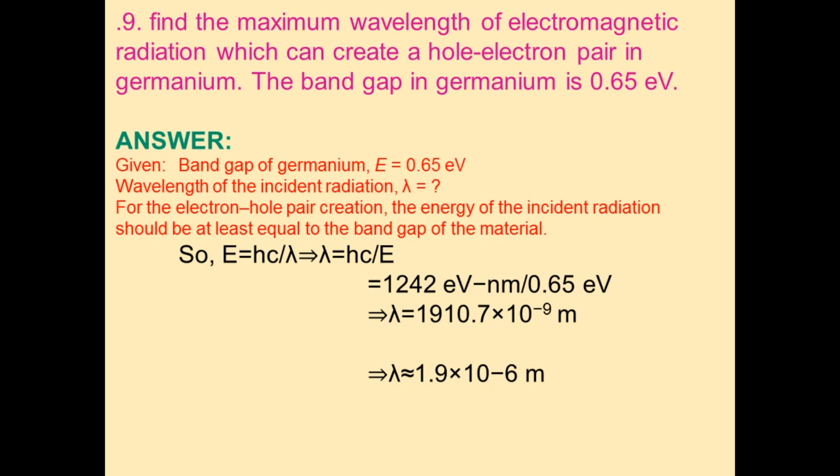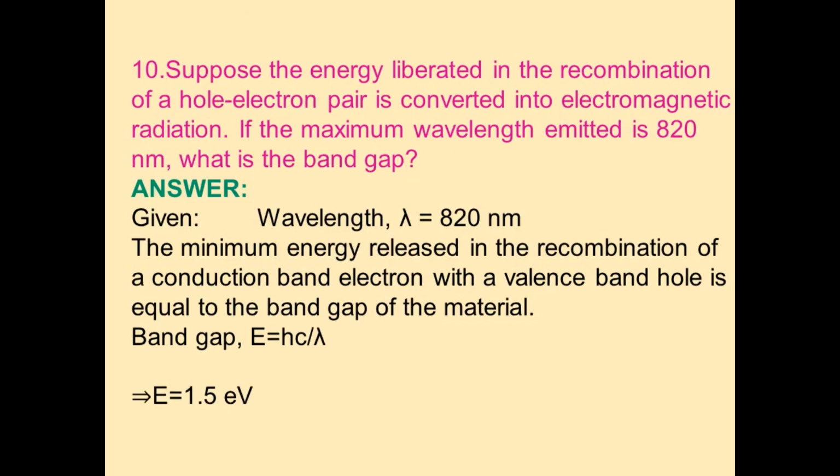10th one, suppose the energy liberated in the recombination of a hole electron pair is converted into electromagnetic radiation. Maximum wavelength emitted is 820 nanometer. What is the band gap? Lambda is given 820 nanometer or 820 into 10 power minus 9 meter.